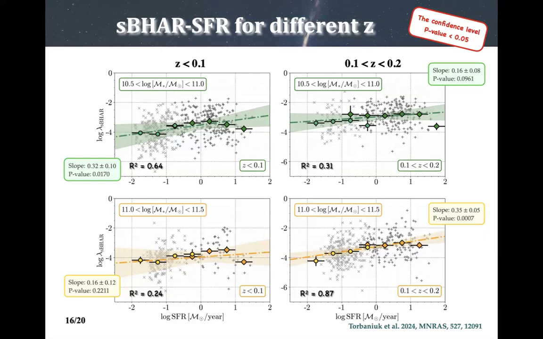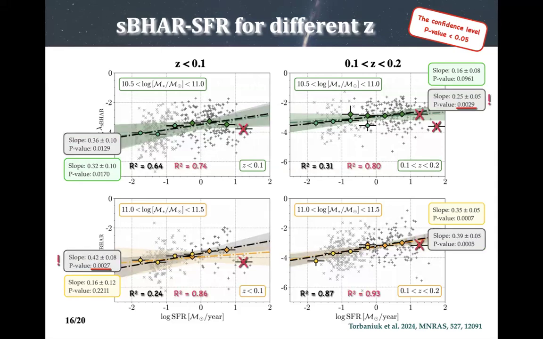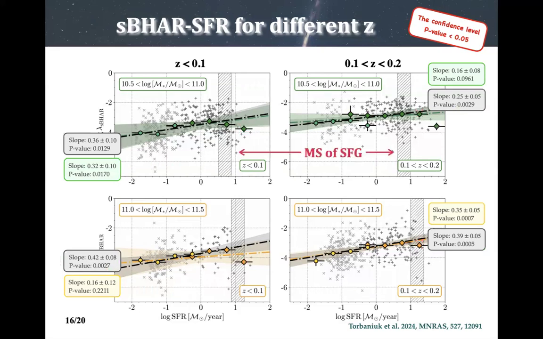And if you plot just cutting the last dots here, you see that we now have a statistically significant increase of black hole accretion rate with stellar mass for all 4 stellar mass ranges. Here we also plotted the position of the main sequence of star-forming galaxies, because it seems to coincide with the position of our drop.